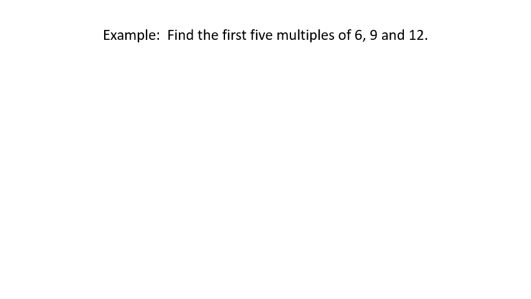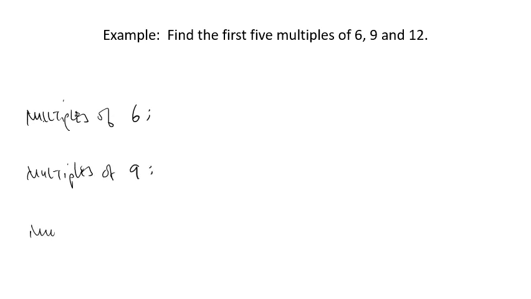Let's extend this previous problem a little bit more, and we'll find the first 5 multiples of 6, 9, and 12. And so we've got multiples of 6, multiples of 9, and multiples of 12. There's not really a lot more to this than what we've already done.